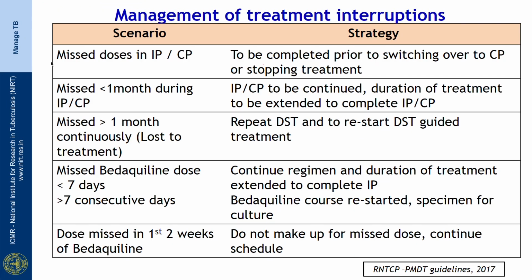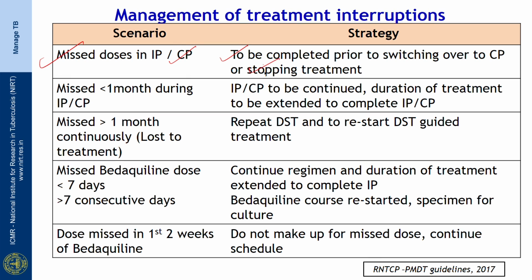The regimen for drug resistant TB is for a longer duration, so it is very important that we know about management of treatment interruptions. If the patient misses dose in intensive phase, it has to be completed prior to switching over to continuation phase. Missed doses in continuation phase have to be completed prior to stopping treatment.